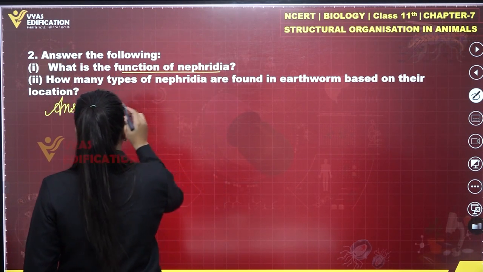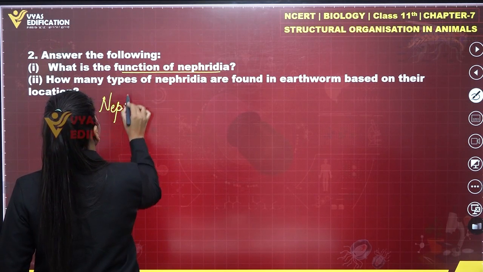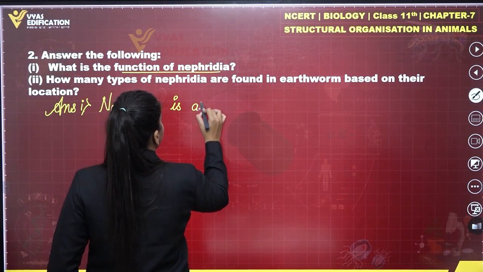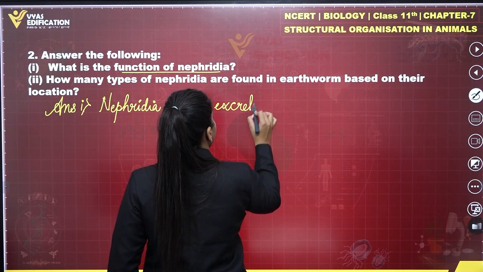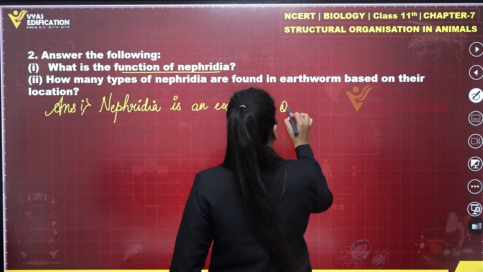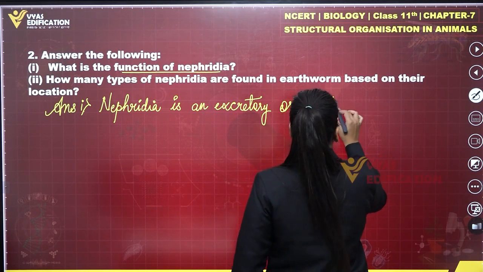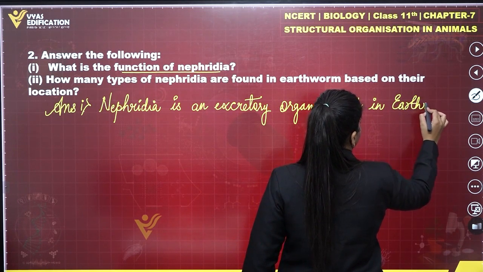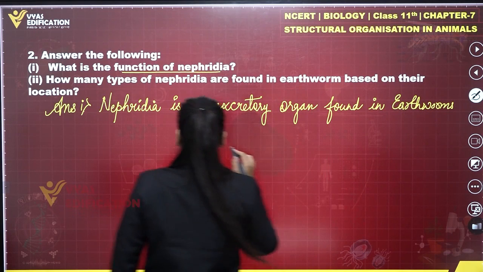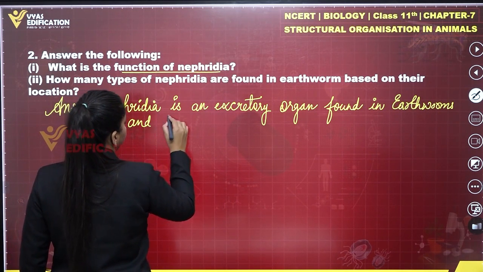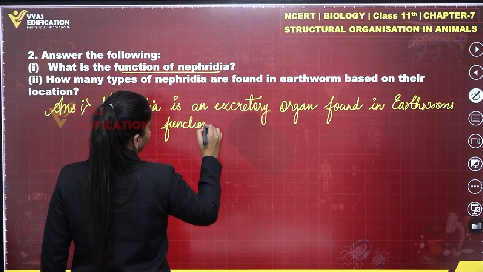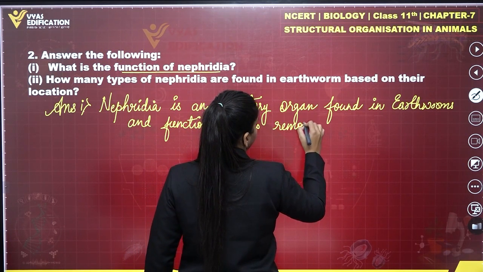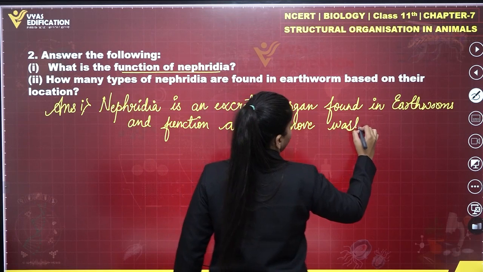If we talk about the function of nephridia, we know that nephridia is an excretory organ found in earthworms, and functions to remove waste from the body.